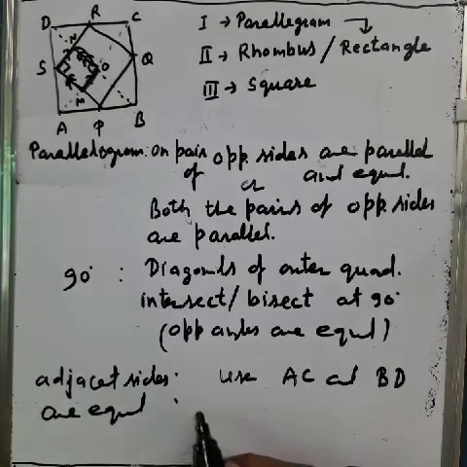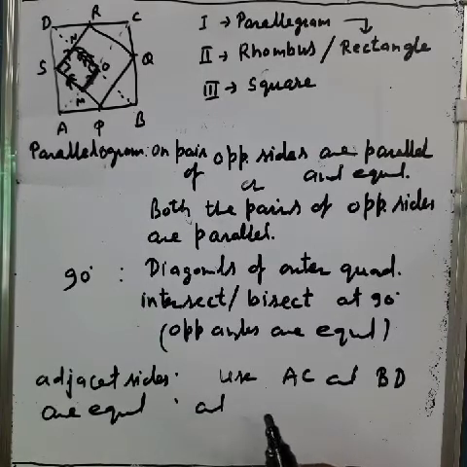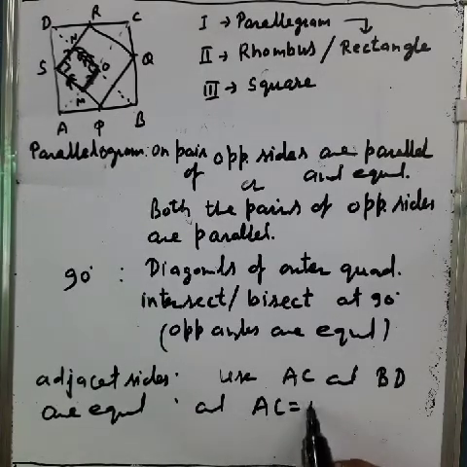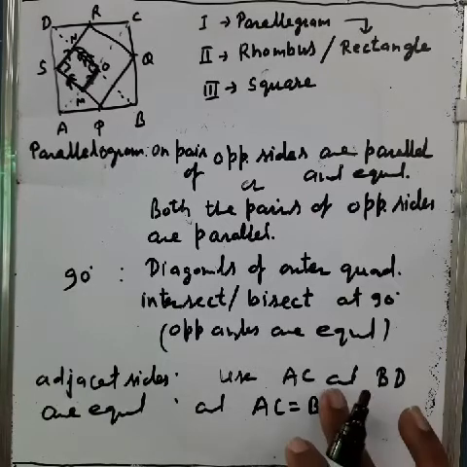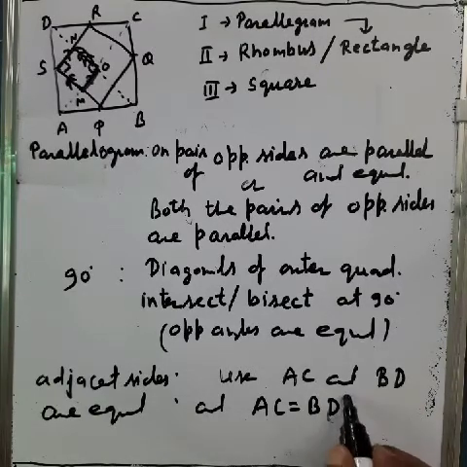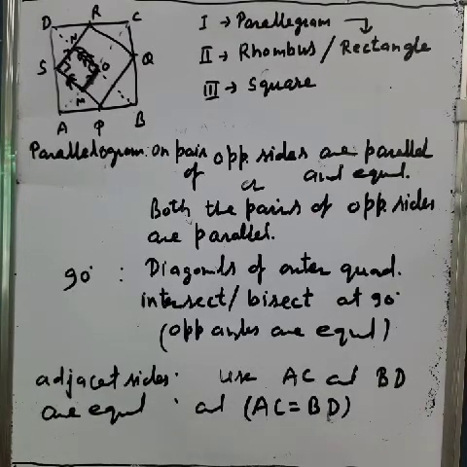Clear? And AC equals BD. It must be there to prove it is a rhombus or a square. Clear? So hope you have understood what I said. And now if you follow this way, you will get it easily. Thank you so much.